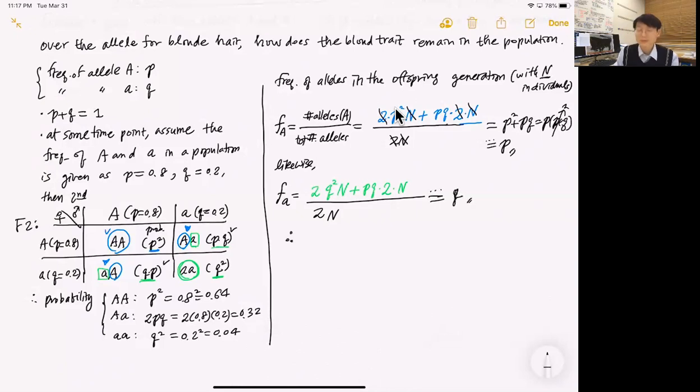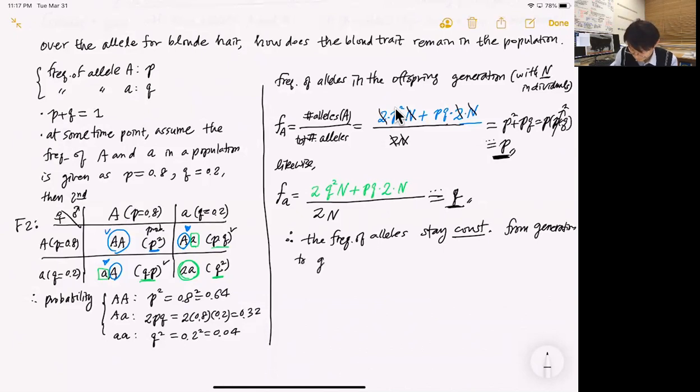So what does this mean to us? It turns out that the frequency of alleles stays constant, because P and Q remain the same from the parent generation to the next offspring generation.